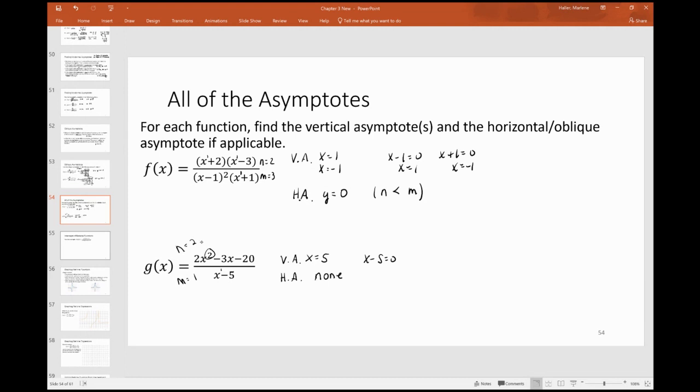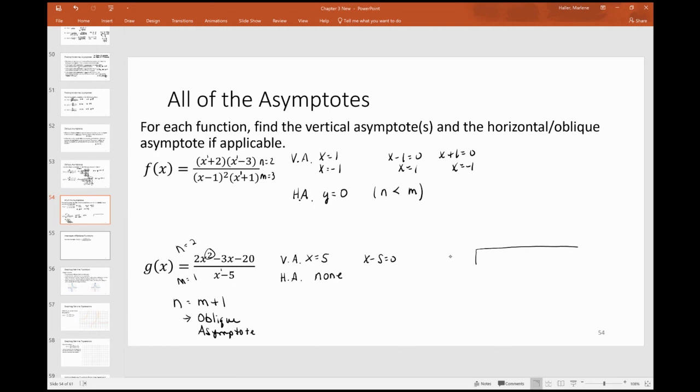But since the degree of the numerator is 1 more than the degree of the denominator, that tells us that there's an oblique or a slant asymptote. So we can find this oblique asymptote with long division. Let's go ahead and do that.